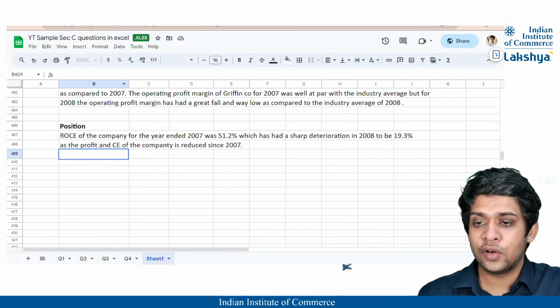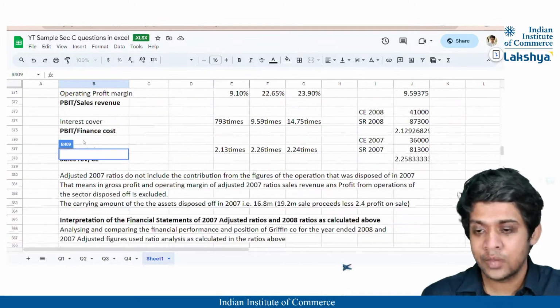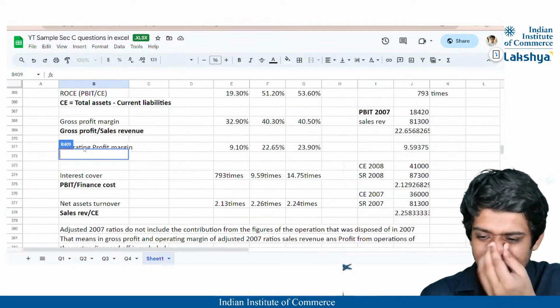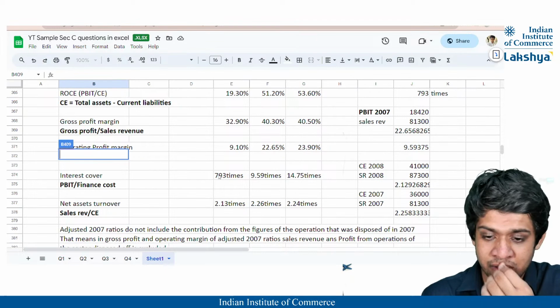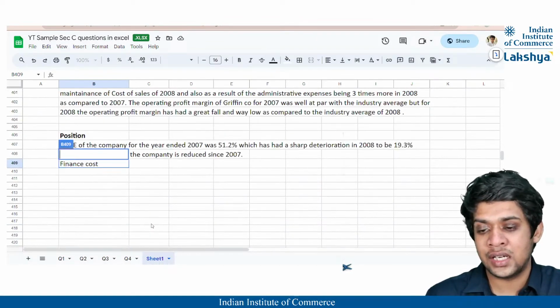Now you can say for this ratio. So you can speak about each and every ratio in detail, right? So here you can see the interest cover was 9.59 times, but now it is 793 times.